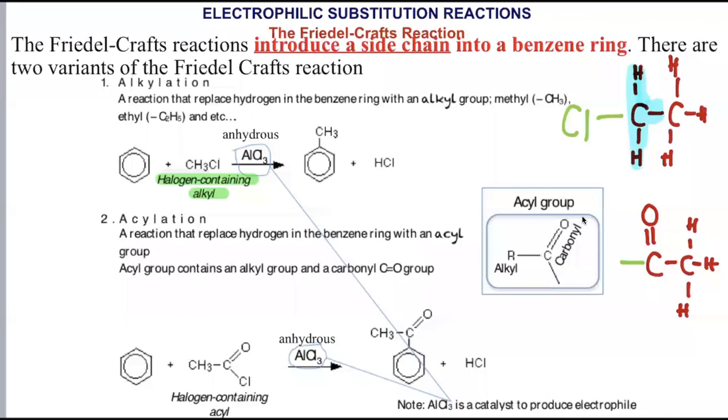So this red part of the molecule will be attached to the benzene ring. You must have the halogen. Otherwise, if you don't have the halogen attached to it, then your electrophile cannot be formed. I'll erase that since my example is talking about CH3Cl.